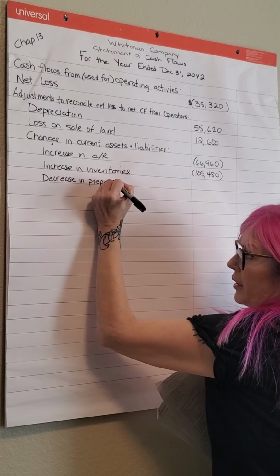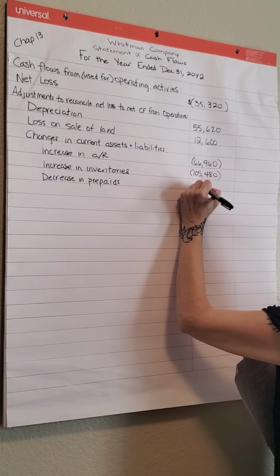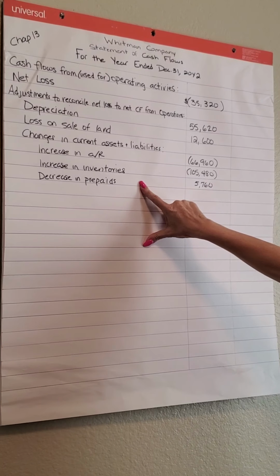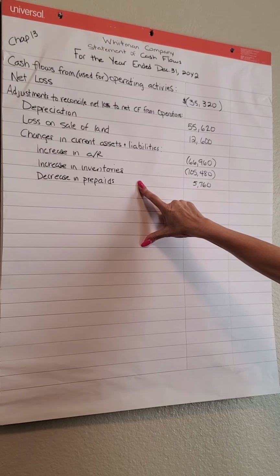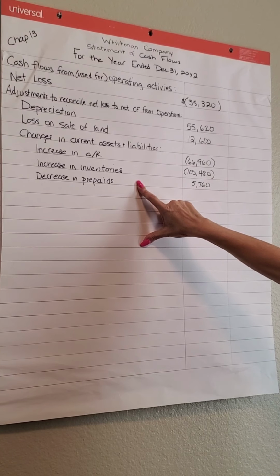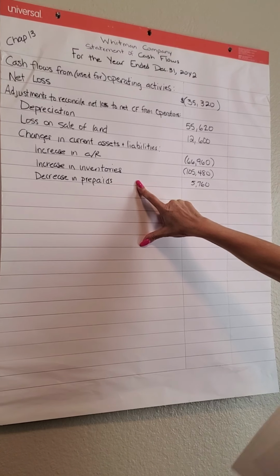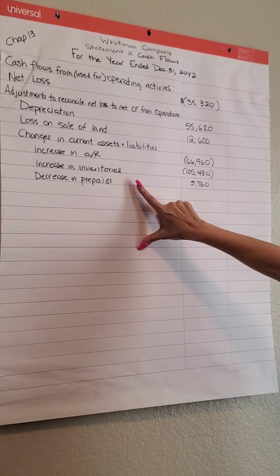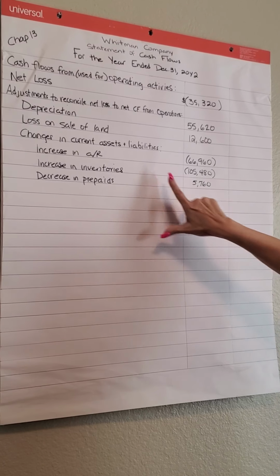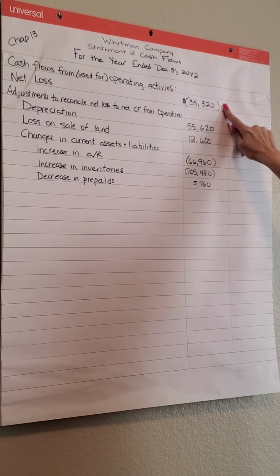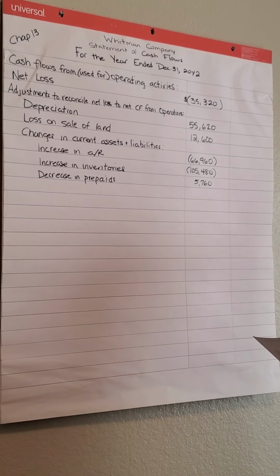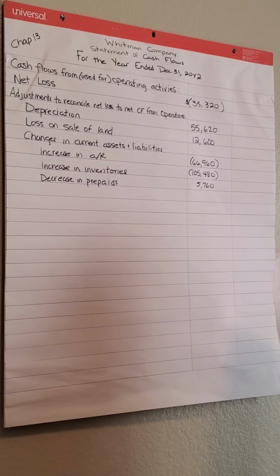Let's say in December we used prepaid insurance: we would have debited insurance expense and credited prepaid insurance. There was no cash when we made that adjusting entry. Since we're trying to reconcile this accrual basis net loss to cash basis, we want to add in those prepaids because we paid the cash in the previous year.